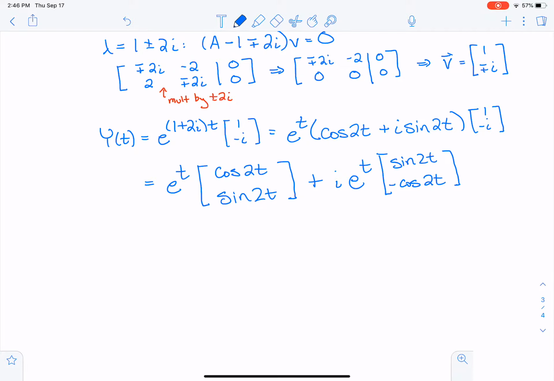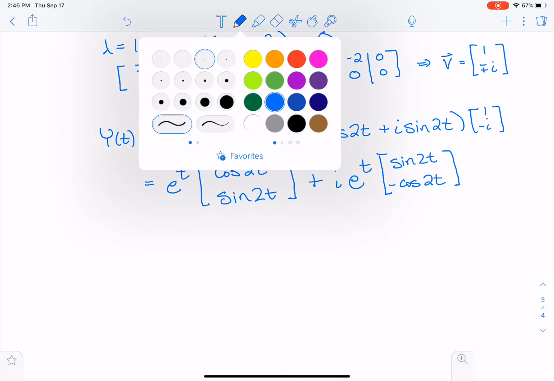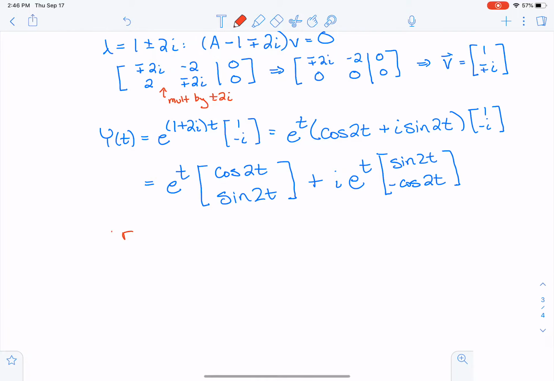So if you repeat the process for lambda equal to 1 minus 2i, and then the eigenvector v is going to be 1 i, what's going to happen is, in fact, you will just get the complex conjugate of this solution.